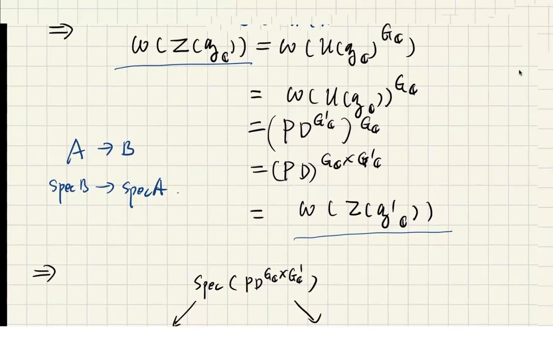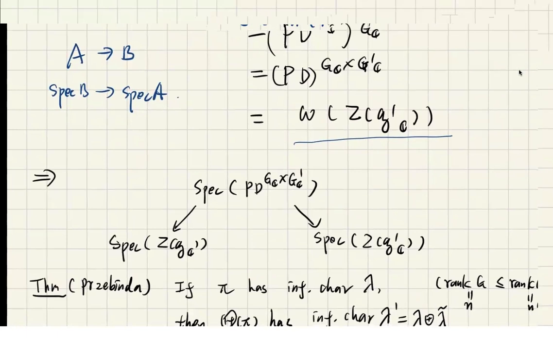You have G_C mapping to this one, and G' C mapping to this one, so you will have a map from this one to the algebras below.